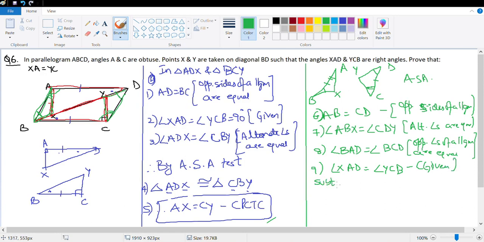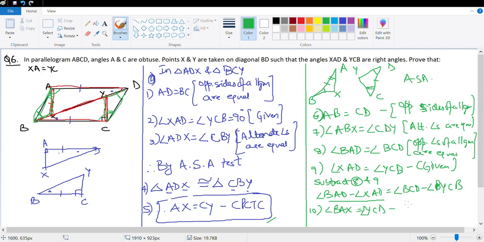So subtract 8 and 9, and I get angle BAD minus angle XAD is equal to angle BCD minus angle YCB. BAD minus XAD is angle BAX, and this is equal to angle BCD minus BCY is equal to angle YCD.